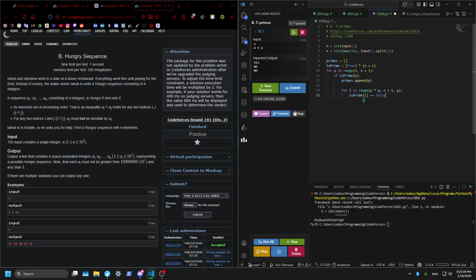So basically we start at p times p because that's automatically not prime since it's a multiple of p, and then we set that to false, and for every multiple of p afterwards we set those equal to false as well. So this is our seed, right?